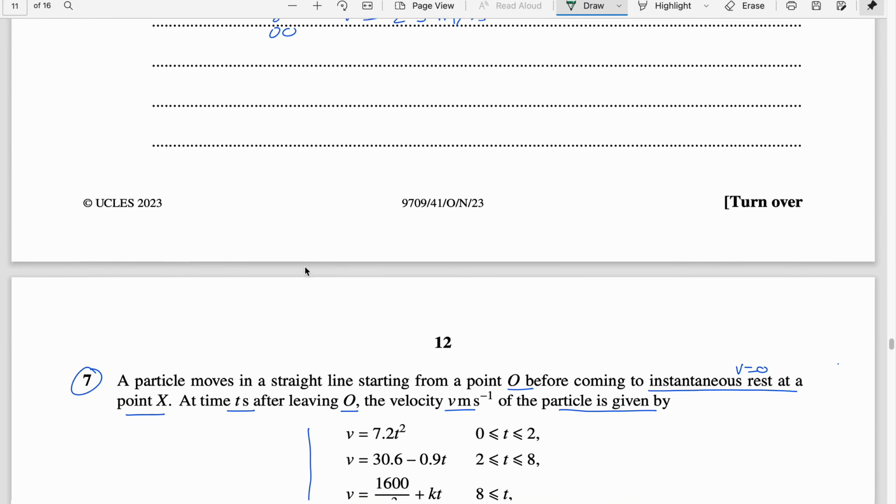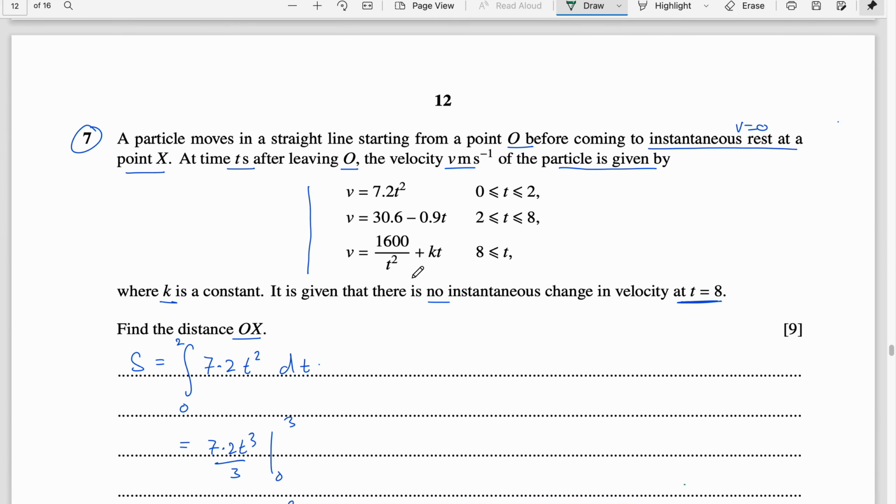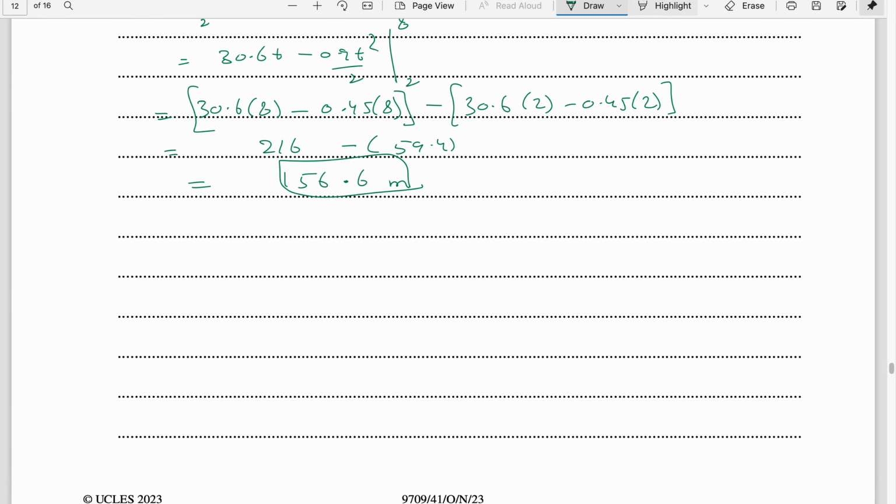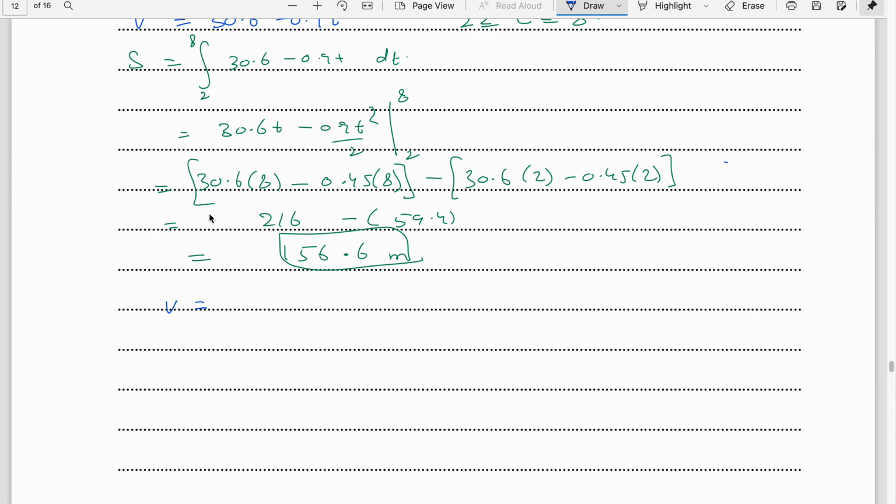Now to use the third equation, I know that the velocity at t equals 8 from the second equation is equal to the velocity from the third, so we first use the second equation to find the velocity when time is 8. v is 30.6 minus 0.9 times 8, so the velocity is 23.4 meters per second.